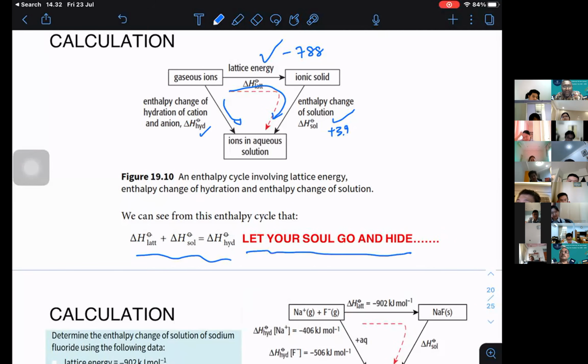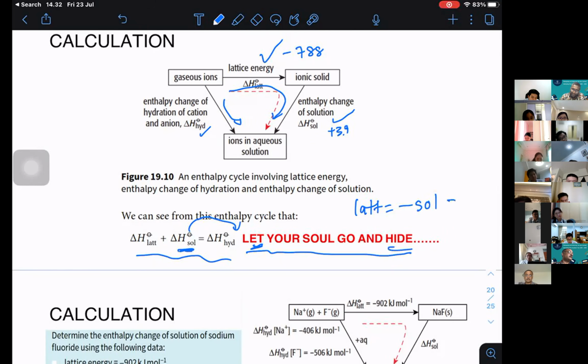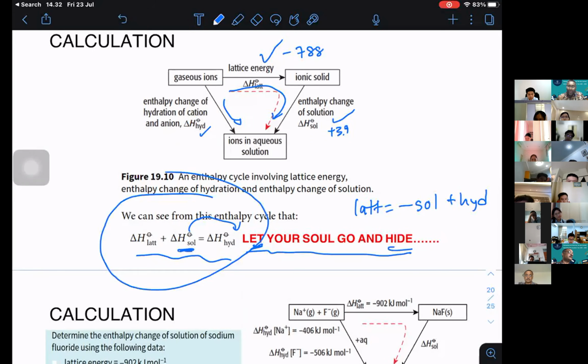Let is lattice, soul was here, so you let it go and bring it over here, it's negative soul, negative solution, and then hide, so plus hydration. So lattice energy is hydration minus solution. If you found a way to memorize this formula, up to you. If you don't want to memorize, you can use the cycle, up to you.